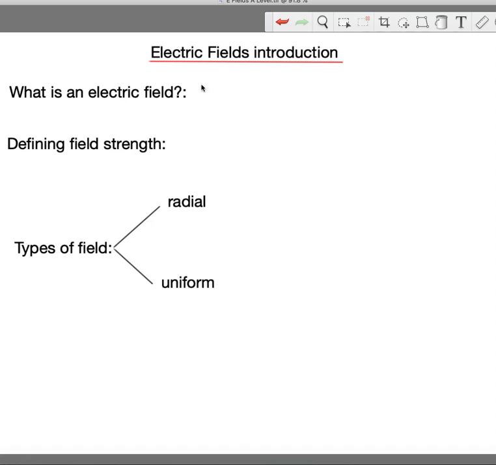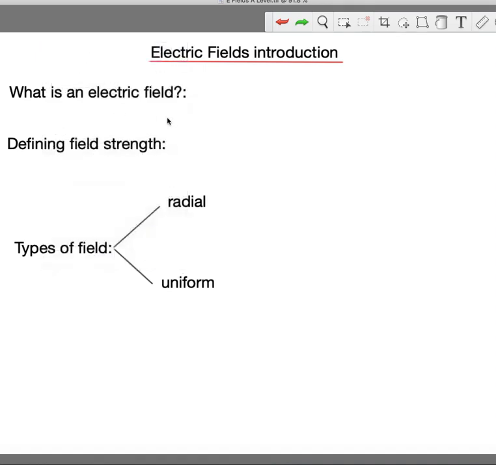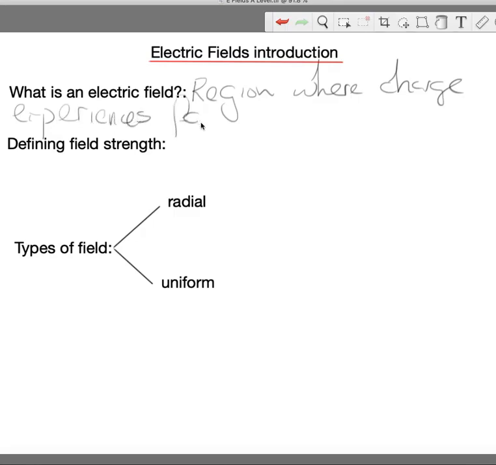So this is a region where charge experiences force.